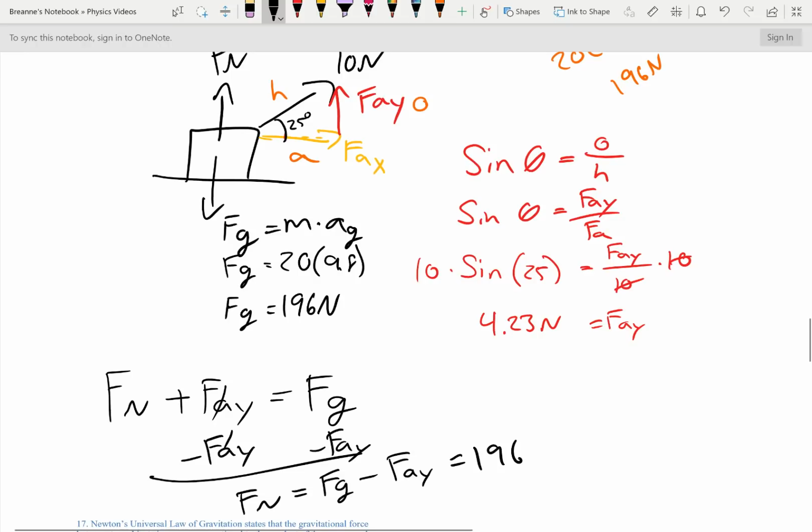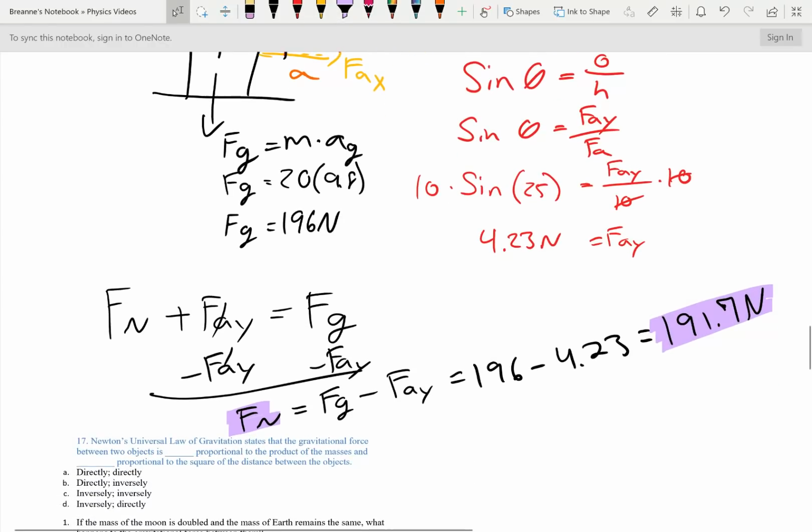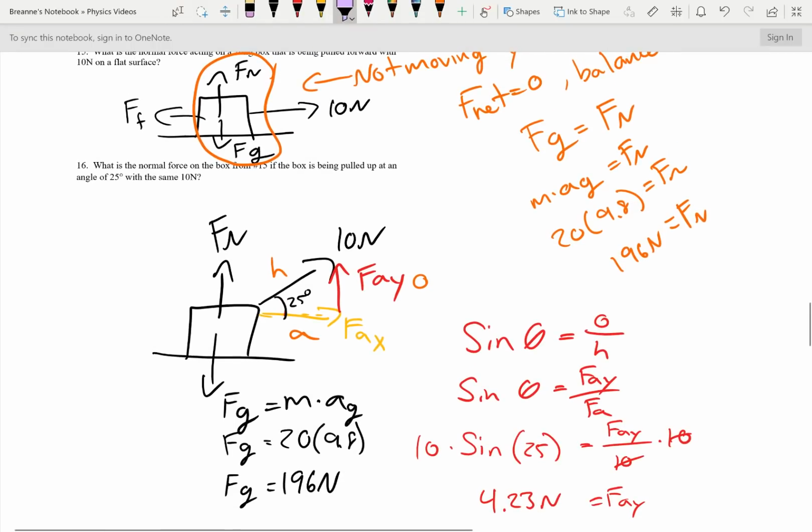So you do 196 minus 4.23, and you get 191.7 newtons for your force of normal, because you have that little bit of force helping that force of normal.